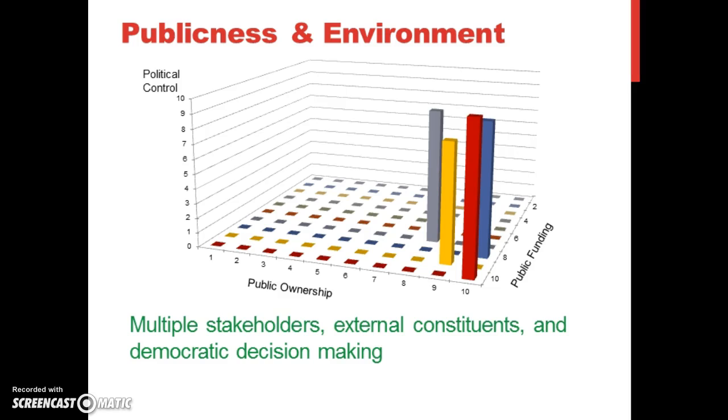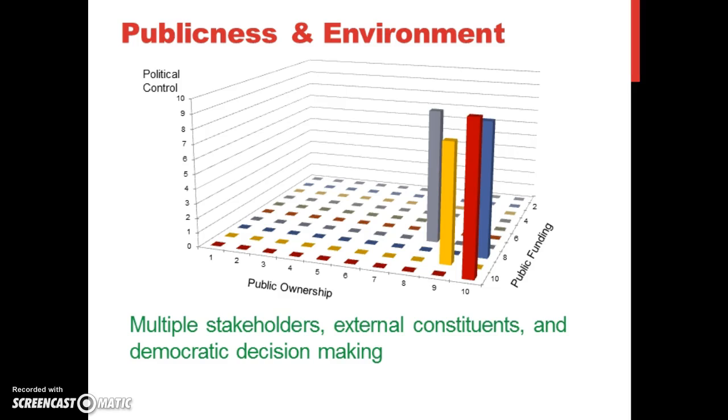In the last lecture, we learned what publicness is, and I explained that publicness can be measured by 3 dimensions. The first dimension is public ownership. Public owners are citizens and representatives of citizens, politicians. The second dimension is public funding.